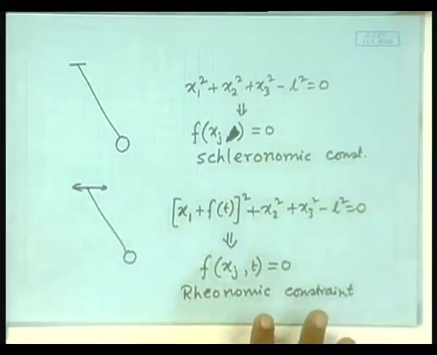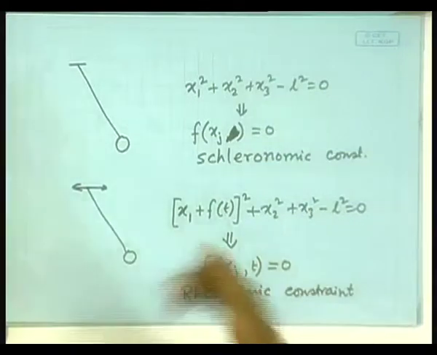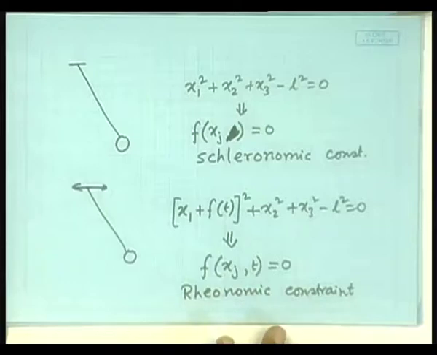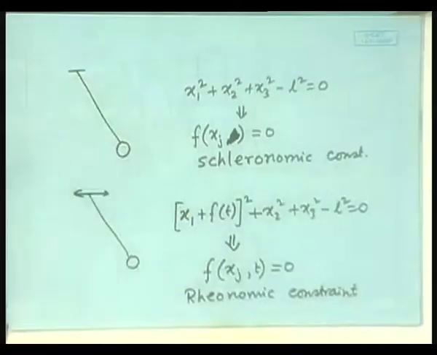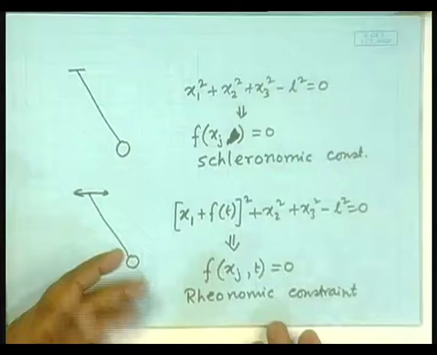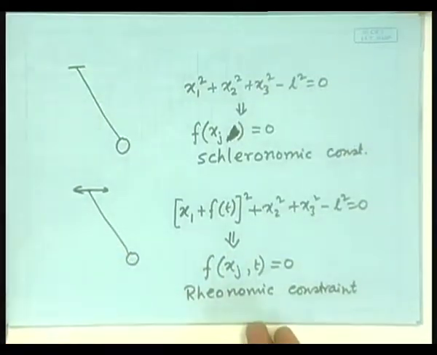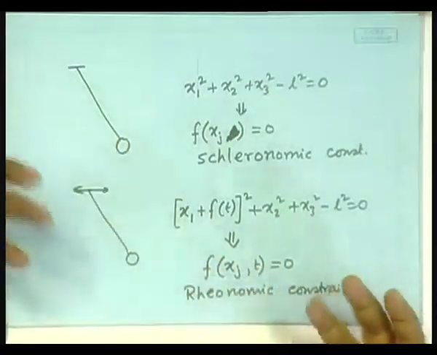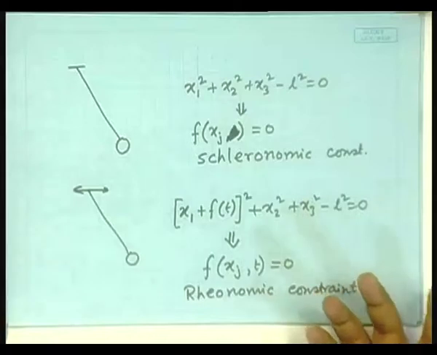Do not be scared by the names. I will not shoot you if you forget these names. But still, why am I writing it? Because in books, if you come across these words, you should know what they are. They are not fruits hanging in the trees that you can pluck and eat. They are specific names of specific types of constraints. You should know, that is all.